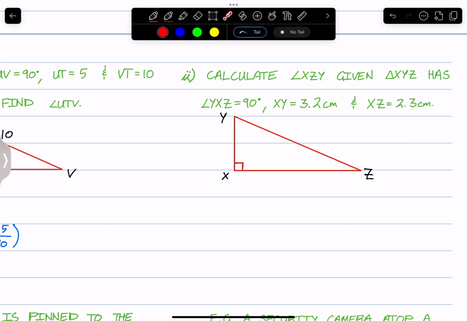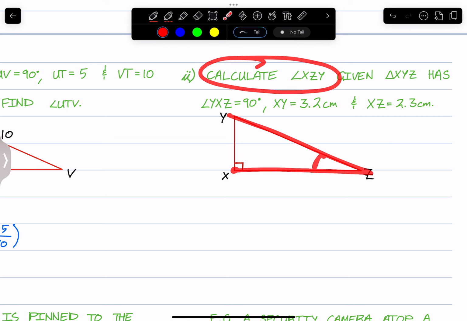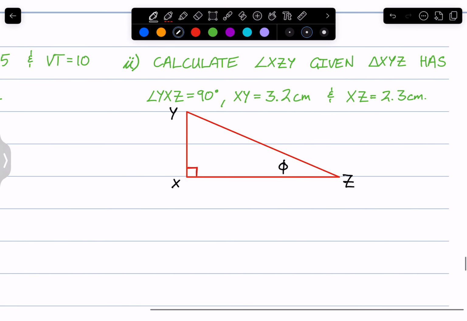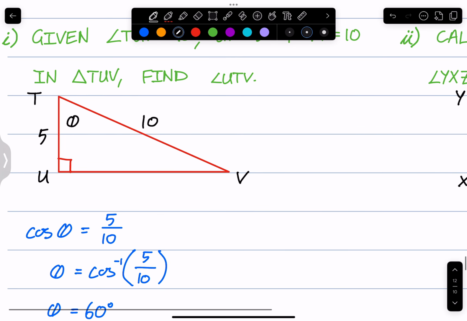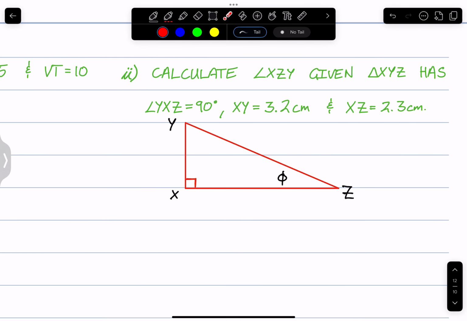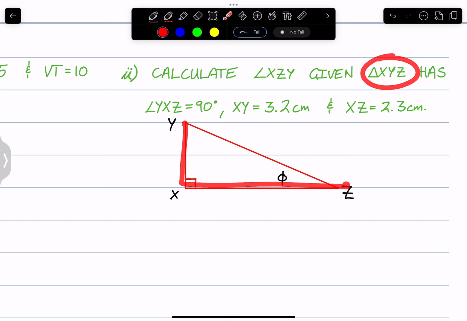So we're being told to calculate angle XZY. So we're calculating this angle here. Let's label that. It can be any symbol. I'm going to use the commonly used one. So that one is theta, and this one is phi. So calculate angle XZY given this triangle has the 90 degree here, which we have.